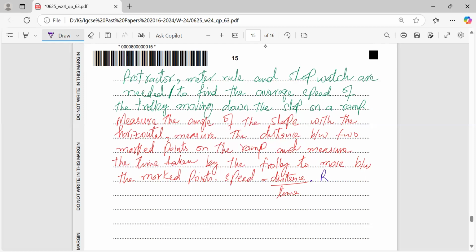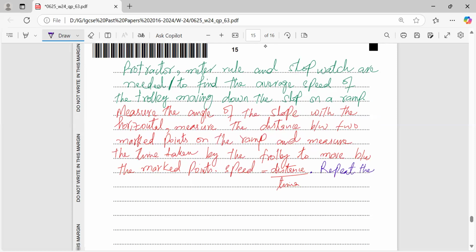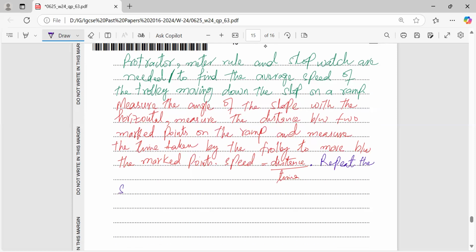You can say repeat the same method. This is part of the briefly explained performance of the experiment. So repeat the same procedure for different angles of the ramp.